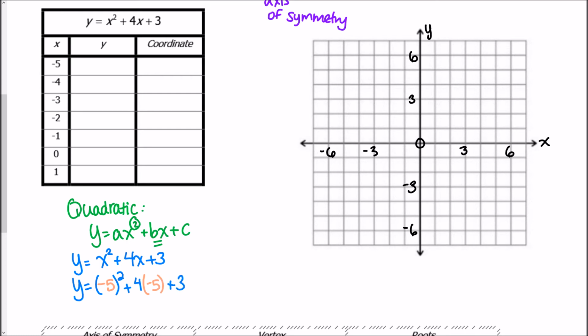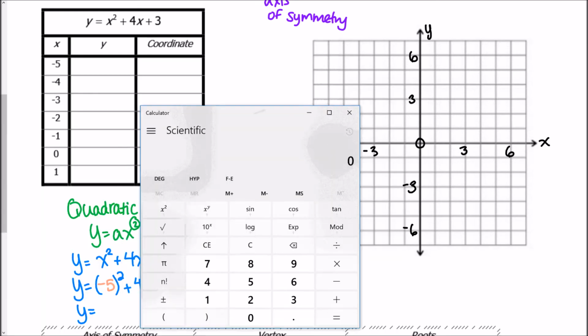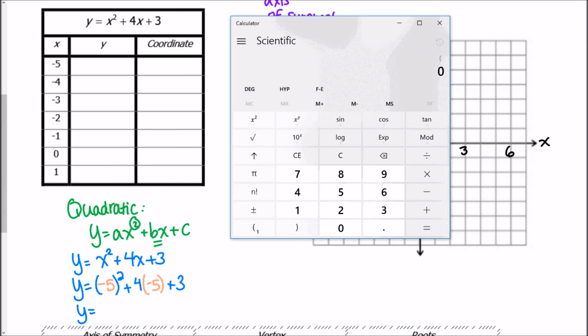So now that I've done that, I'm going to type this into my calculator, okay? So let's open up our calculator and see what we end up getting. So I'm going to type in -5, and I'm going to square it, okay? Plus 4 times -5, okay? Plus 3.